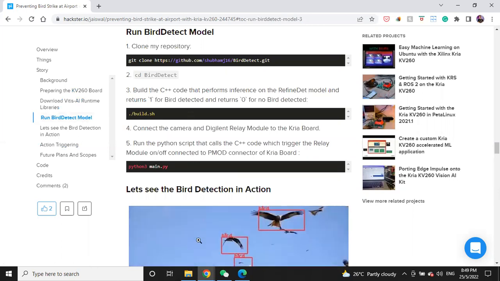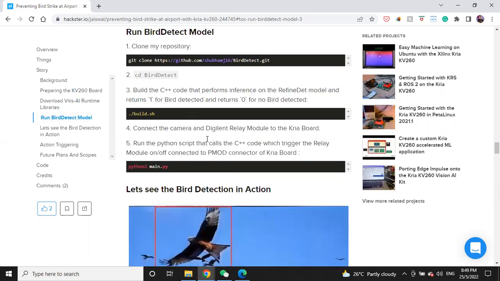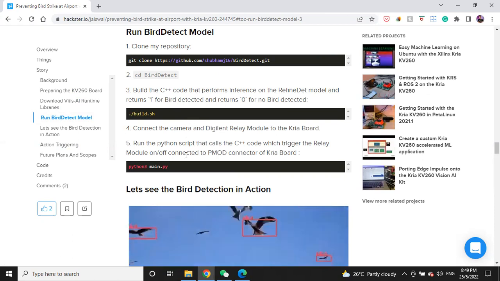Just a question from my side. For this, how do you train the bird model? Correct. So for this particular project, I use the bird model from the Vitis AI Zoo. This is an open source ML model by Vitis AI from Xilinx. Now it's a part of AMD.